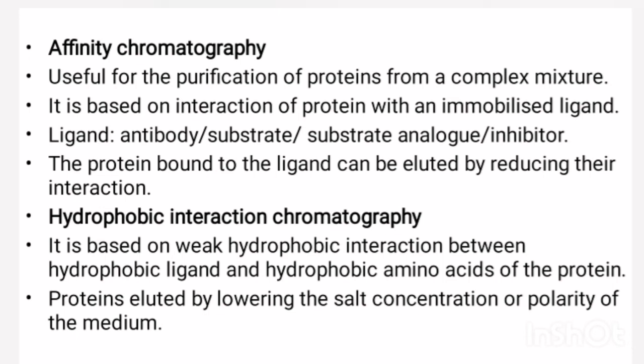The protein bound to the ligand can be eluted by reducing their interaction. The interaction between the protein and ligand can be reduced by changing the pH of the buffer, or by altering the ionic strength, or by using another free ligand molecule. Okay. These are the three methods used to reduce the interaction between the protein and ligand.